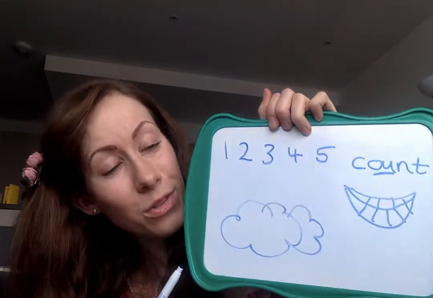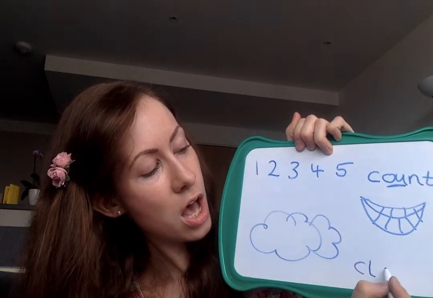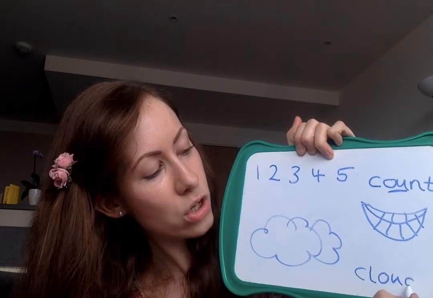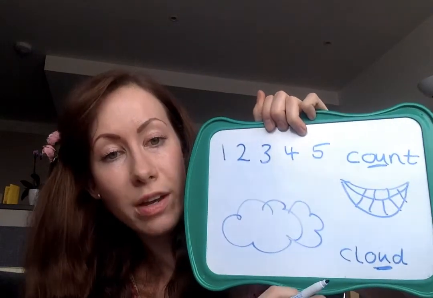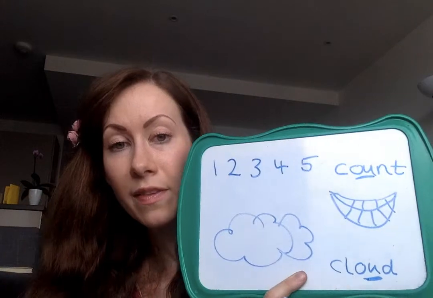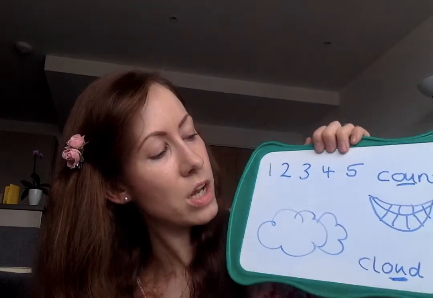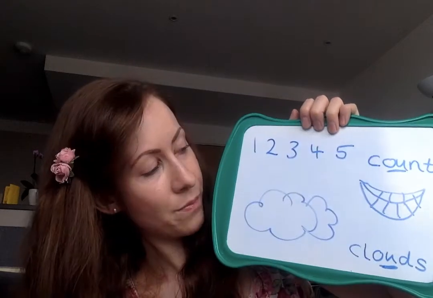They are clouds, that's right, so we are going to write cloud. K-l-ow, cloud. And there is our lovely new digraph, okay? Now there is more than one cloud, so that makes it a plural, more than one. So we can add an S to the end to make it clouds, okay?